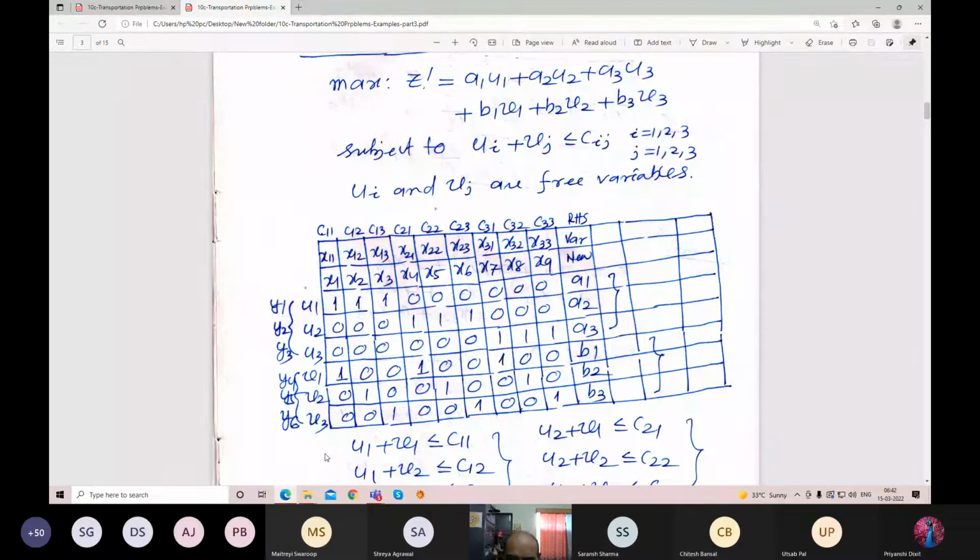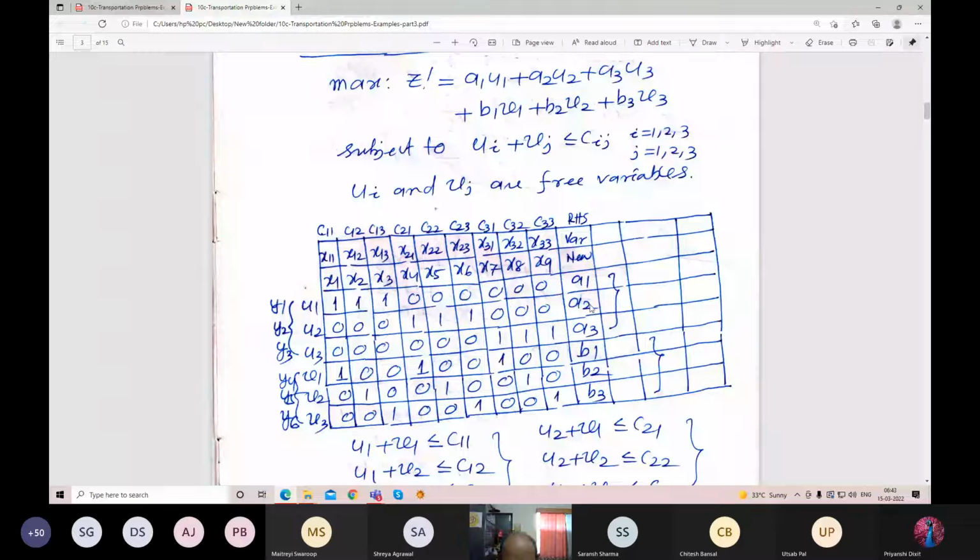Now you can see here the constraint given, x11 plus x12 plus x13 equal to a1. In the same row, only 3 elements are 1, 1, 1, rest all are 0. In the second row, the first 3 are 0, then the next 3 are 1, 1, 1, then all 0, that is equal to a2, because we are naming it like this: x21 plus x22 plus x23 equal to a2.